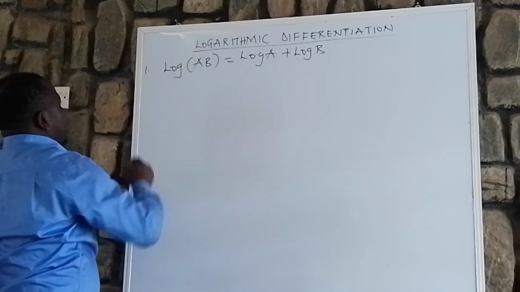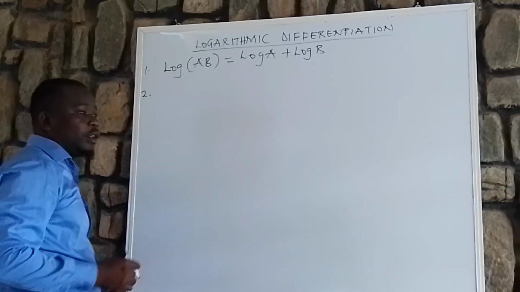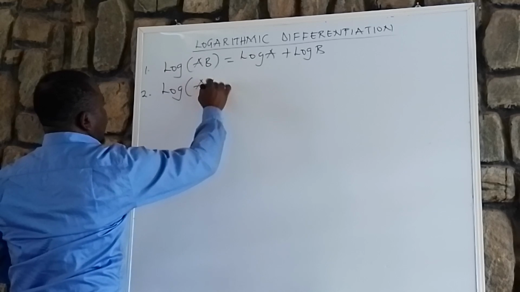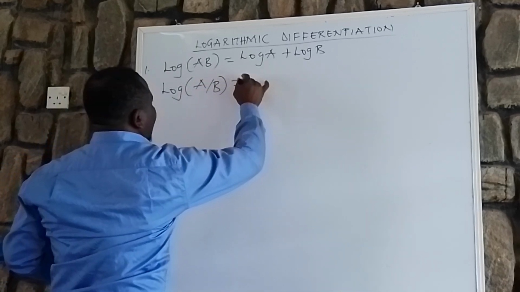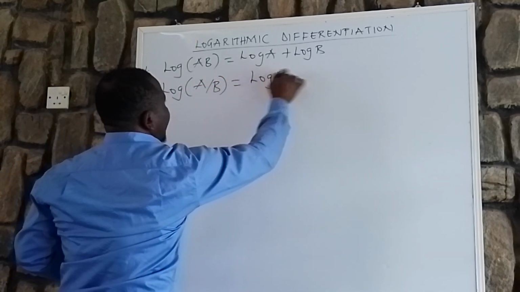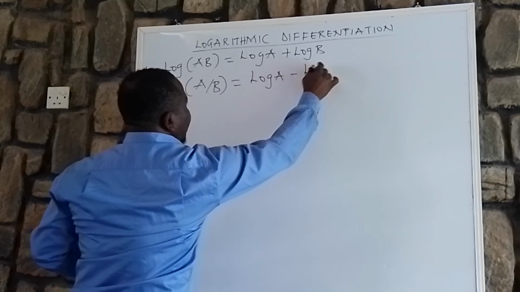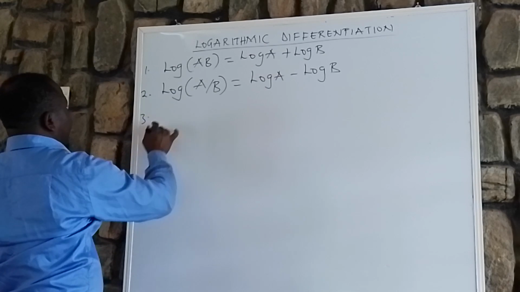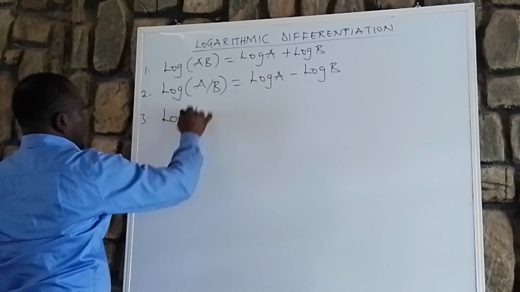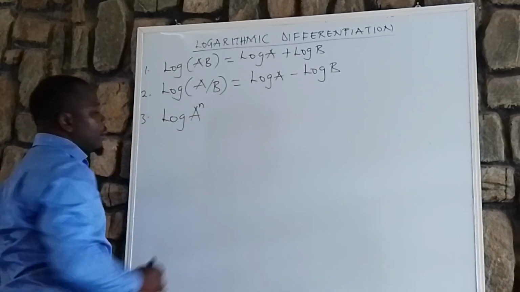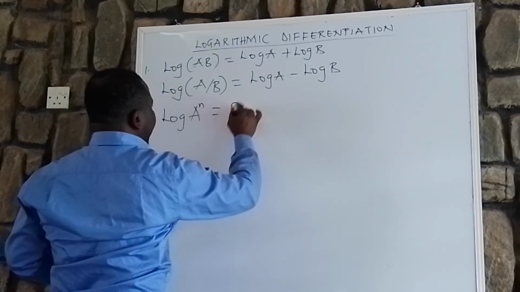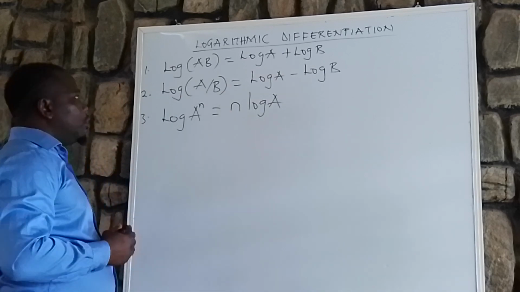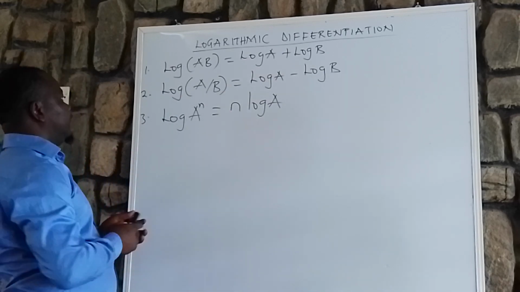Then 2, log A all over log B is the same thing as log A minus log B. 3. If we have log A raised to the power of n, this is the same thing as n log A. True or false? This is what we know in elementary trig and algebra.